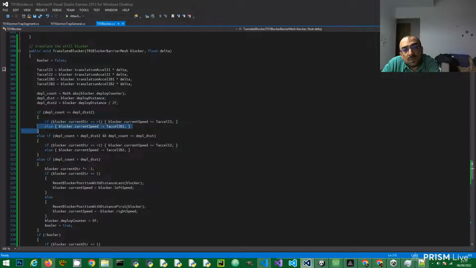If it's in the left position of its movement, this is the if that checks that. We must check if the movement is from left to right or from right to left, and depending on that we modify its position. In this else if we check if it's in the right position, and depending on if the movement is from left to right, we modify its position.